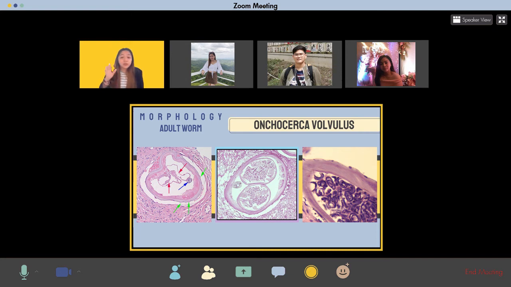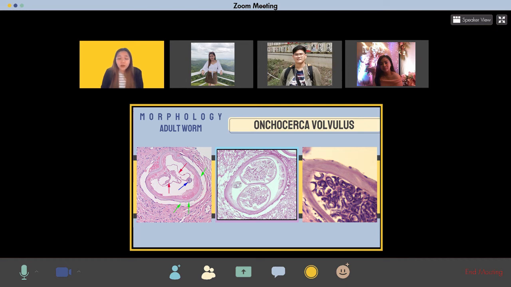And as you can see, the third image is also a female adult worm, but it is just the close up image of the uterus containing the microfilariae of the female adult worm.